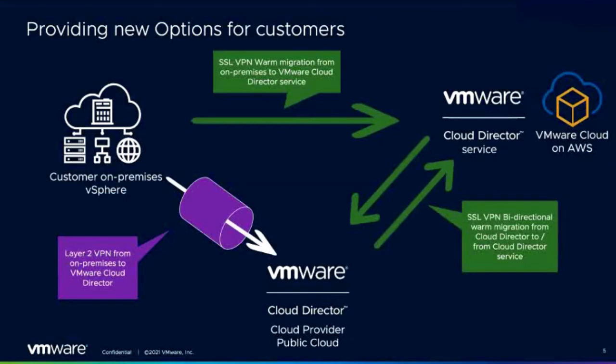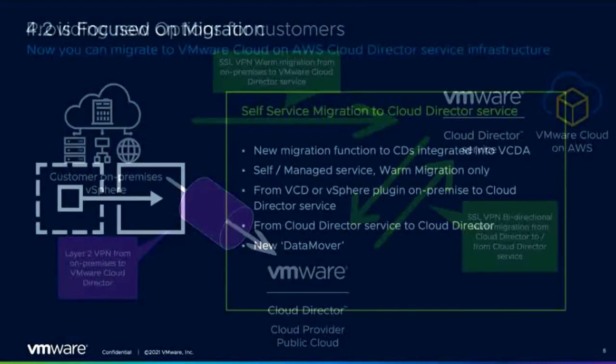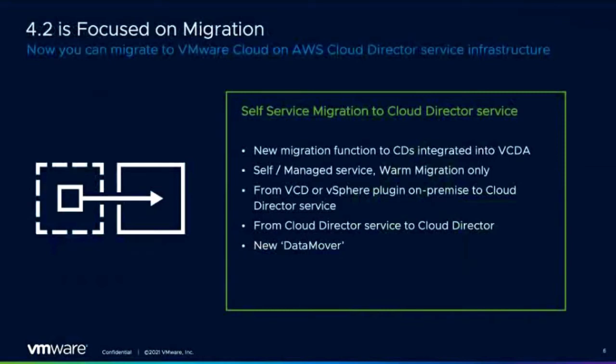And with options to migrate directly from vSphere to Cloud Director Service and from Cloud Director to Cloud Director Service, and in the opposite direction as well, you have even more options for your tenants to utilize your clouds and have more things available to them. Let's start with the migration capabilities.